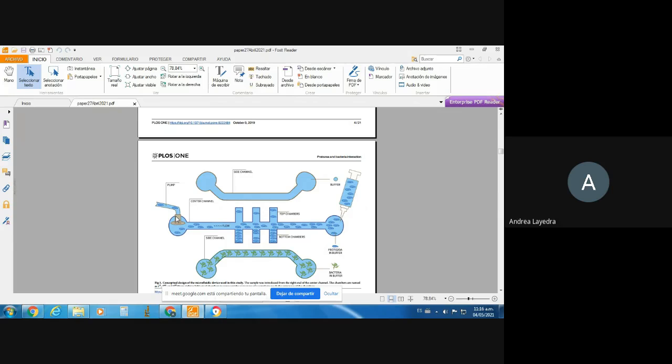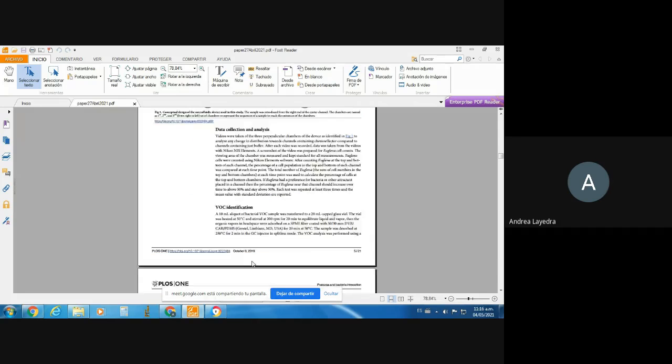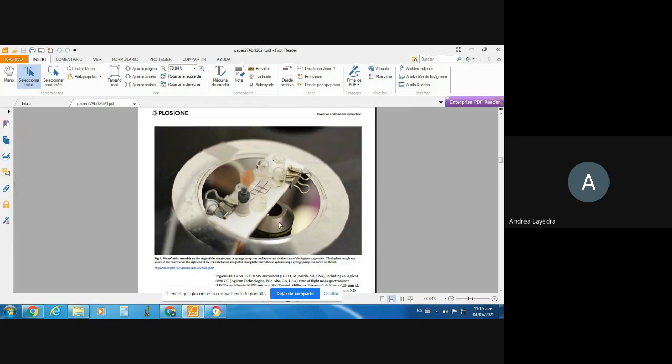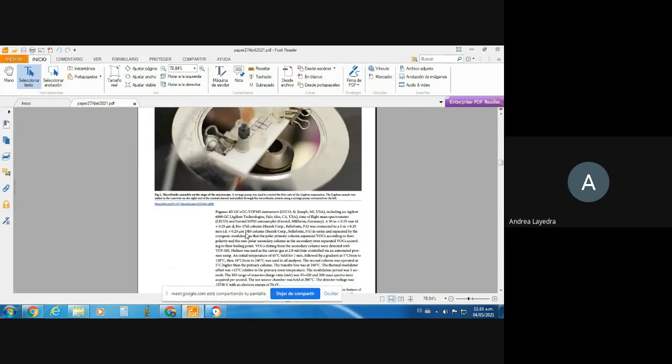The system was equilibrated for 20 minutes, and time zero was before the introduction of the chemoeffector into the lower channels of the device. The videos were taken at intervals of 10 minutes up to 60 minutes to determine the change of distribution of Euglena cells.